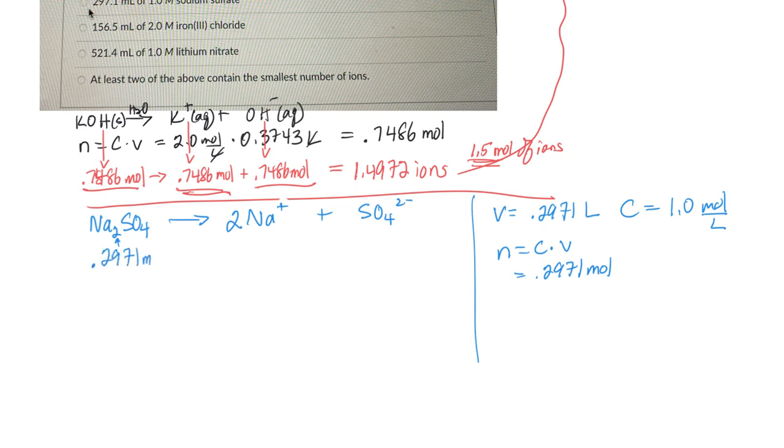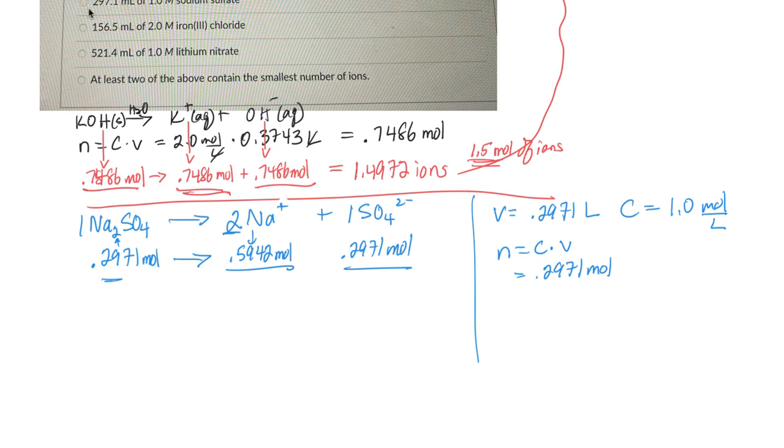When it dissociates, it's going to give me double that, so 0.5942 moles of sodium ions. The sulfate is 1-to-1, so it'll be the same as the first one: 0.2971 moles. This is the total number of ions in that solution.